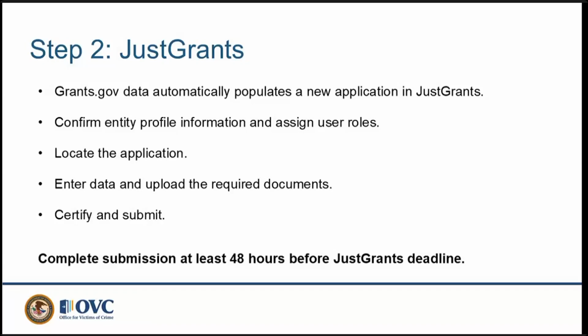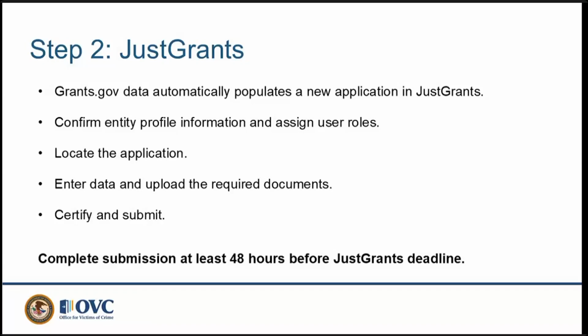If an individual will be associated with more than one entity in JustGrants, for example, a grant writer who will serve as an application submitter for multiple entities, that person must establish a unique email address for each entity.